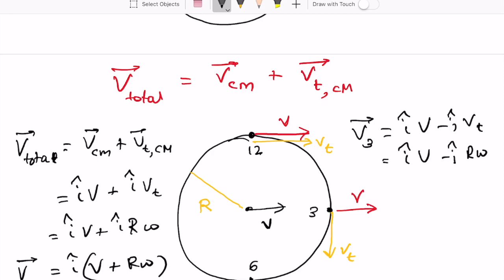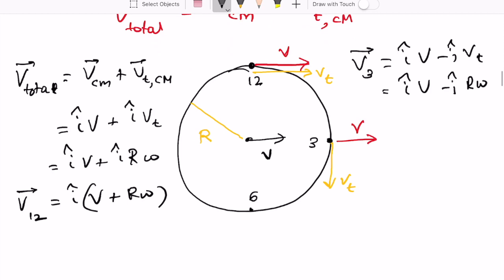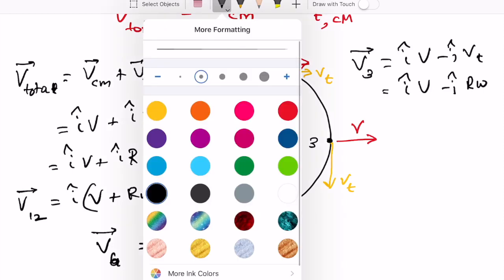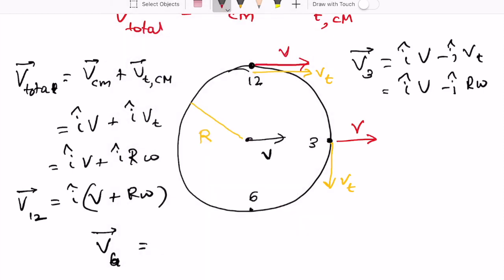Now, the most important example for our purposes, for what comes next, is the velocity of the 6 o'clock point. So let's calculate that. The 6 o'clock point has, again, the same thing. It's got two velocities. One is the velocity that it has from its motion as a whole.